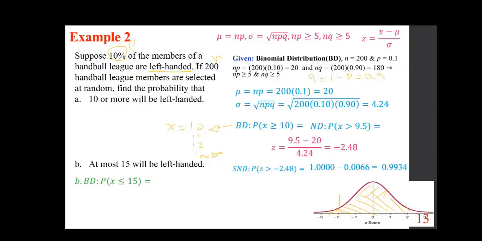In other words, when we want to go from binomial distribution, the next step is standard normal distribution. We have to change the number 15 to either 15.5, we are adding, or 14.5, we are subtracting 0.5. Which one and why? You're going to add, so you can include 15, so 15.5.